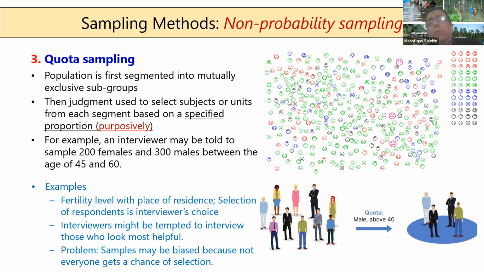I think this is more commonly found in non-probability sampling, the quota sampling. I've not always seen people use a random method to select their samples, but once you do it, you should be very clear about your methodology.